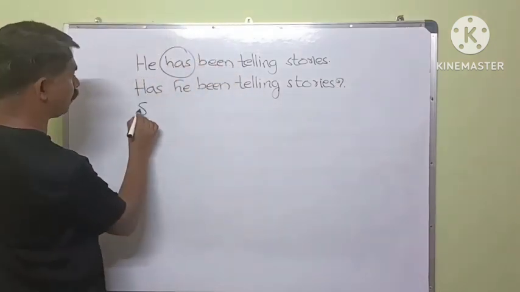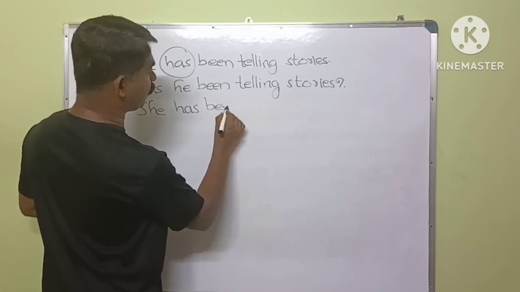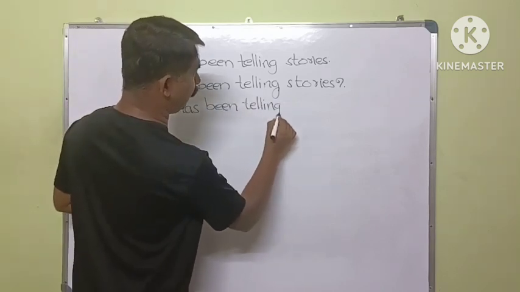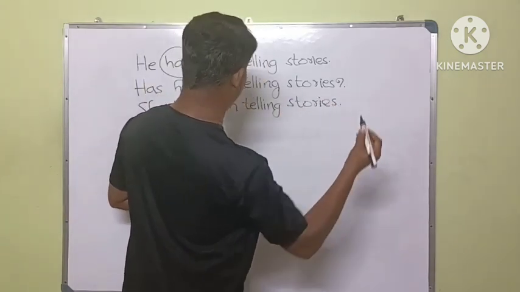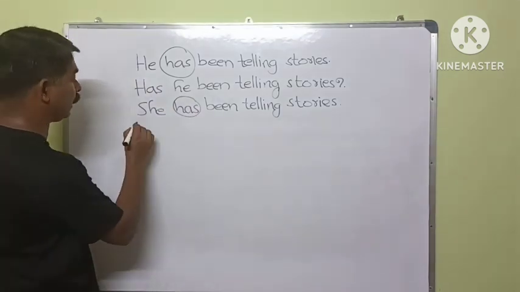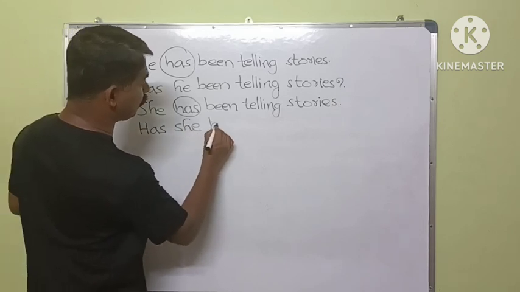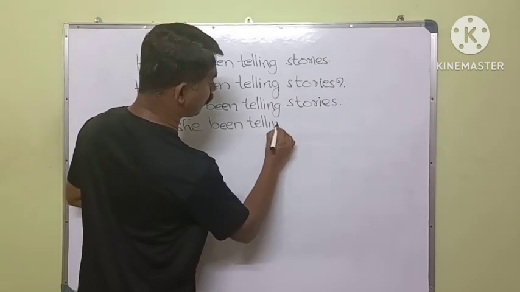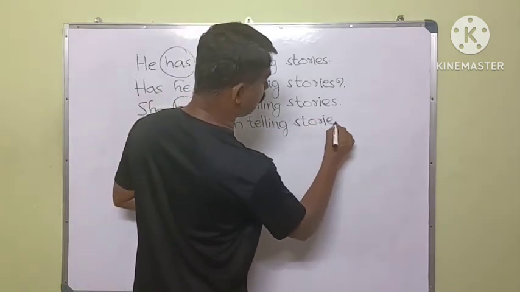Question mark. She has been telling stories, full stop. Has must be taken out and placed at the beginning of the sentence. Has she been telling stories?